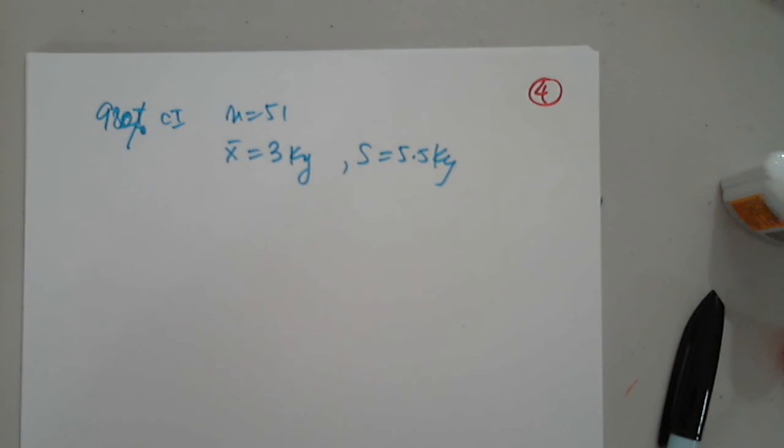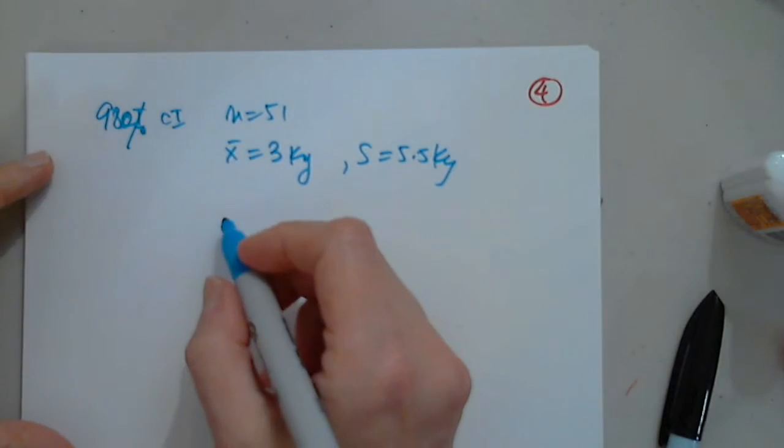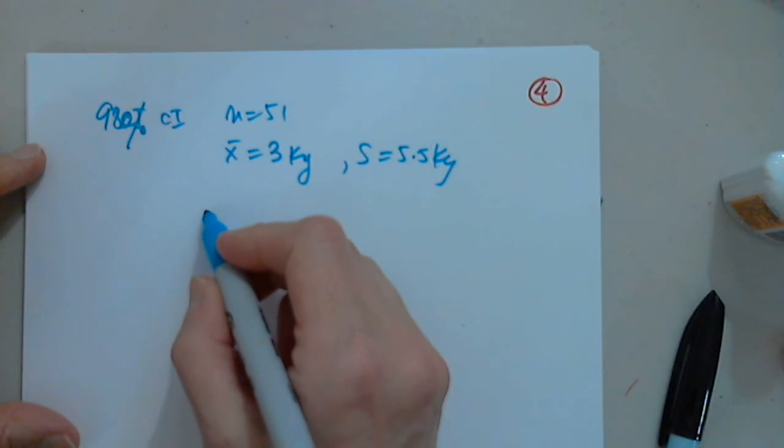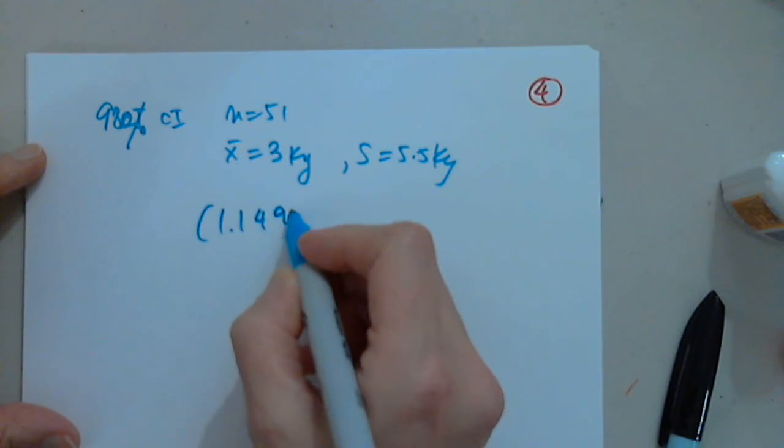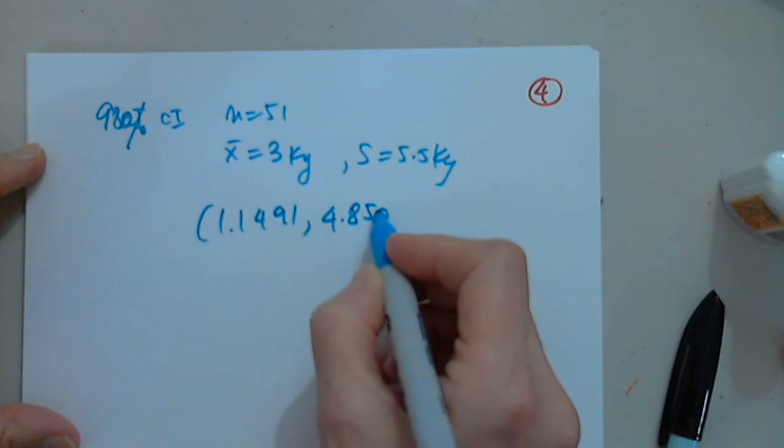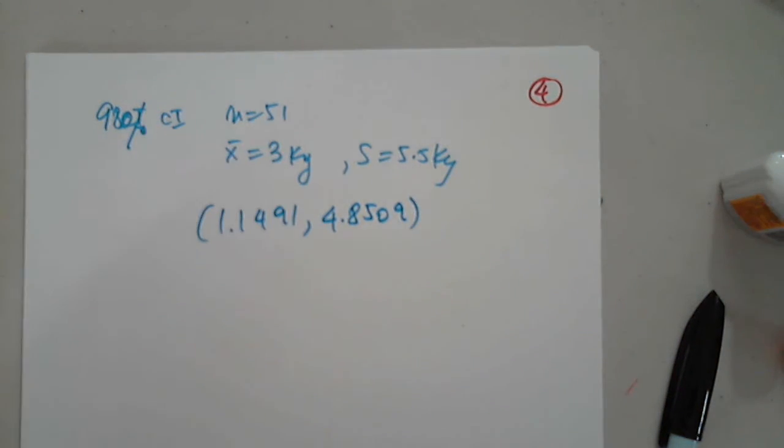We have standard deviation, 5.5. And we have n equals 51 and 98%. And calculate. So we have the 98% confidence interval, 1.1491, 4.8509. Okay, so let's see StatCrunch.